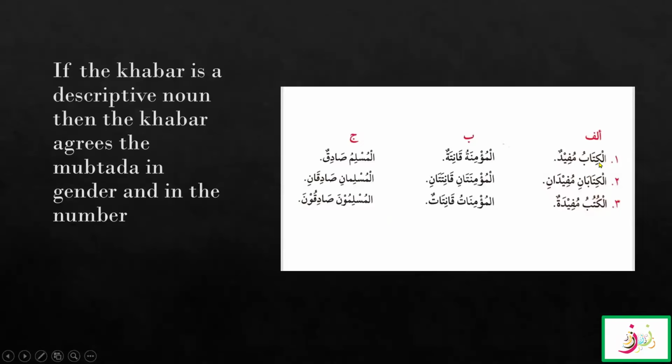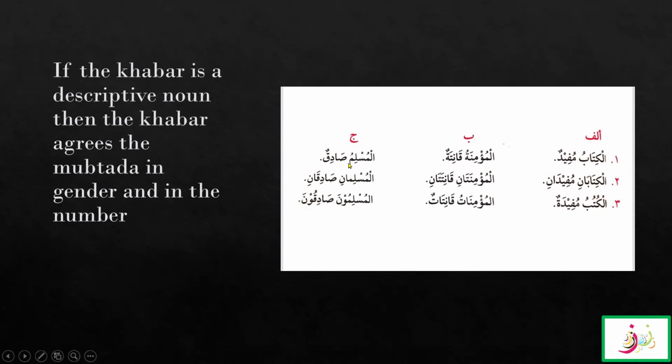That is also muzakkar. So here al-mu'minatu, you can see that our mubtada is a feminine noun, a feminine ism. So the descriptive noun or its khabar is matching in its properties. And this is also a feminine descriptive noun.